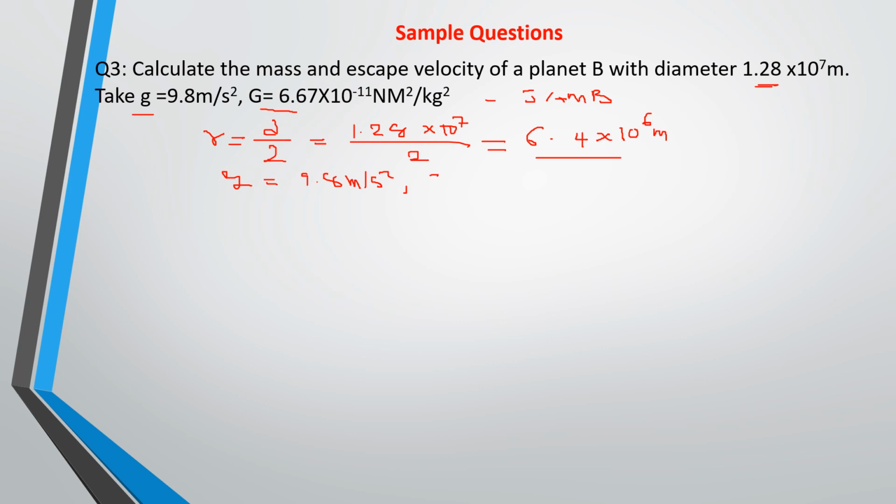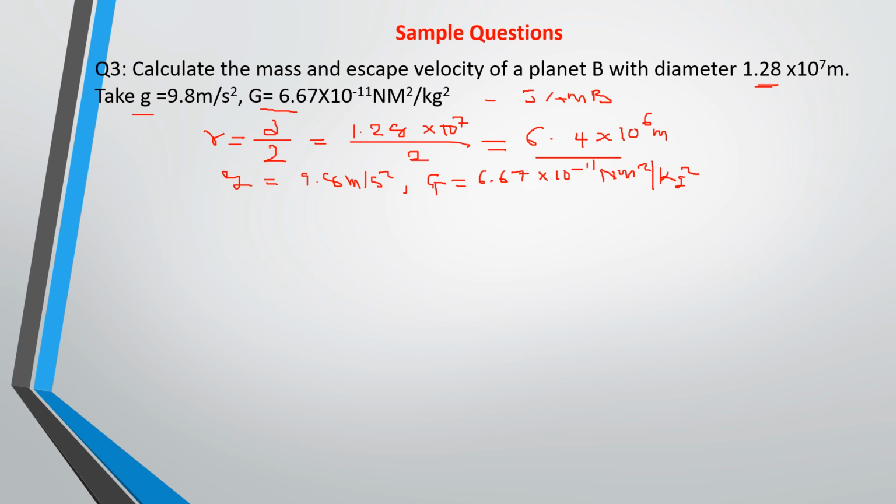Then your capital G is given to you to be equal to 6.67 multiplied by 10 raised to power minus 11 Newton meters squared per kg squared. So these are what are given to you.